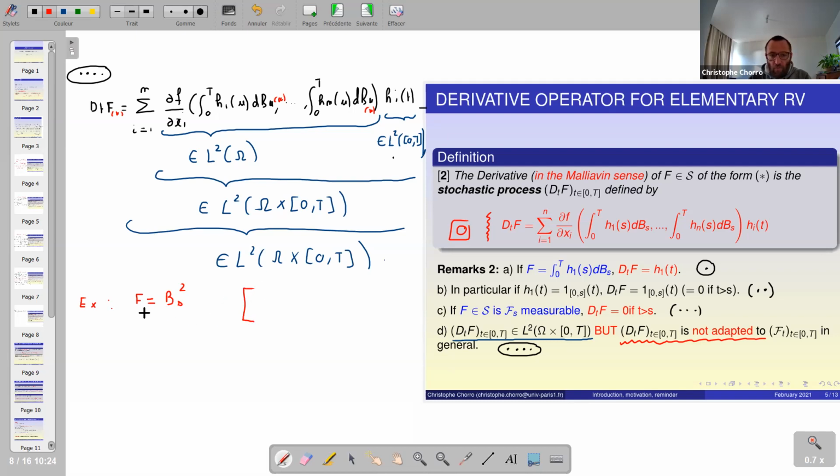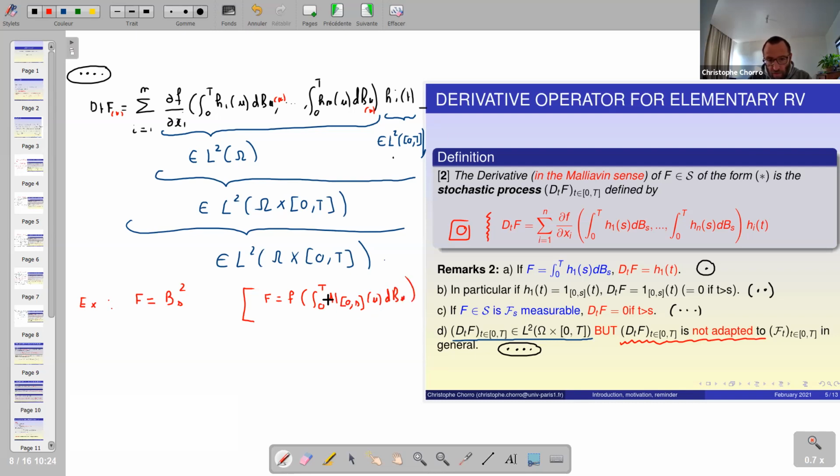So if I want to compute D_t of F, I have to apply this formula. And I just remark that, okay, what is F? F is equal to f of the integral between 0 and capital T of the indicator function of 0 to s, u dB_u.